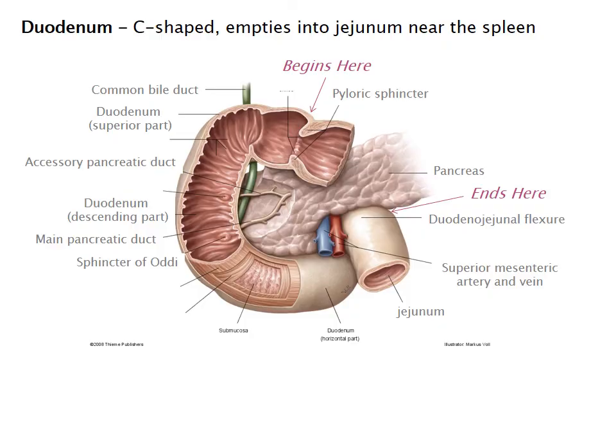So here we see the duodenum, that C-shaped duodenum. We also can see this common bile duct. Again, this common bile duct is going to be bringing bile from the gallbladder that was produced in the liver.